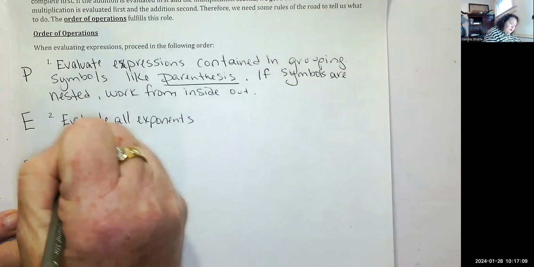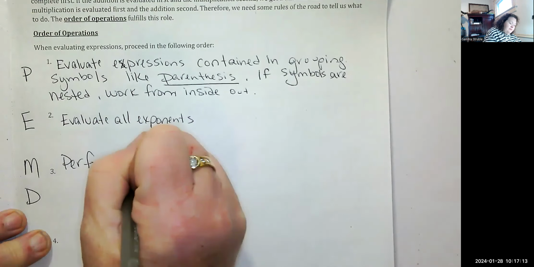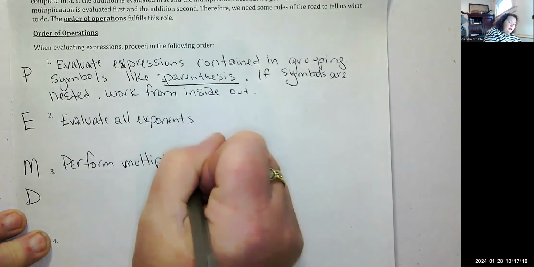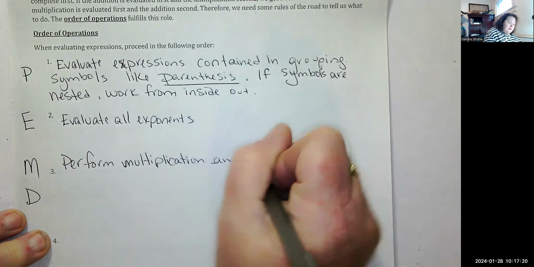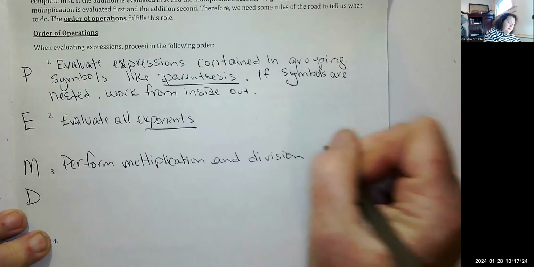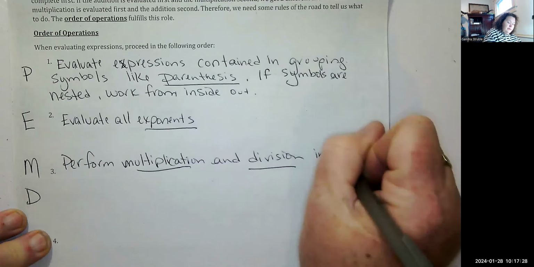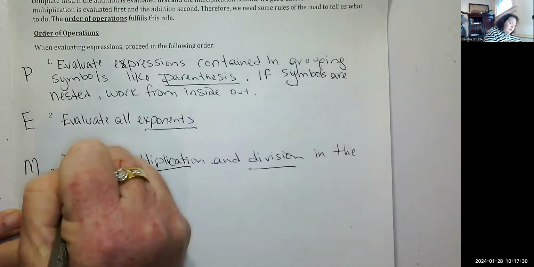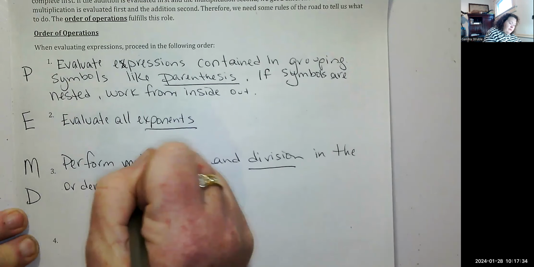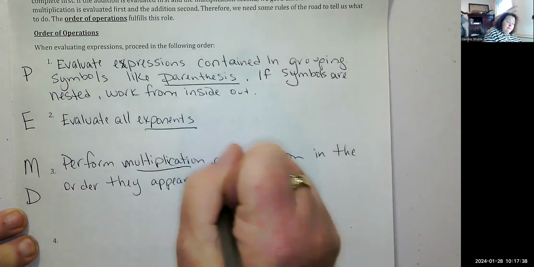So you're going to perform multiplication and division in the order they appear, working left to right.